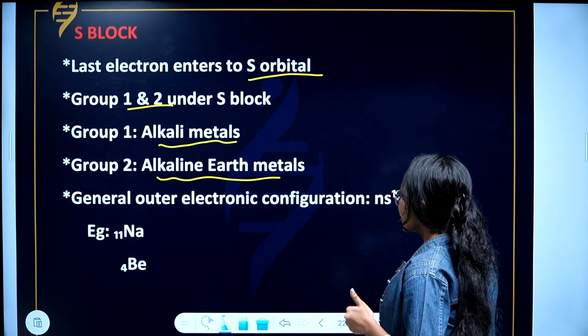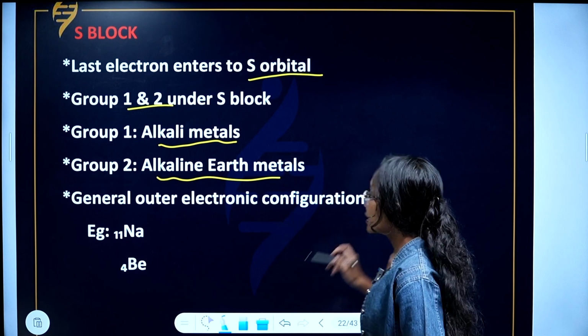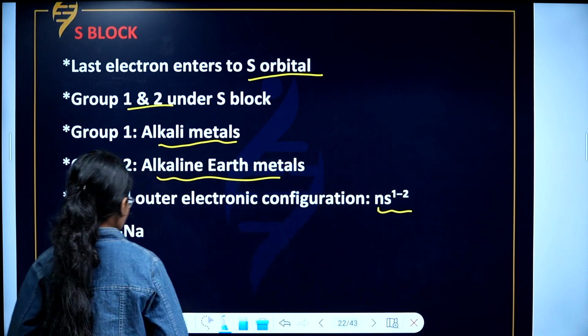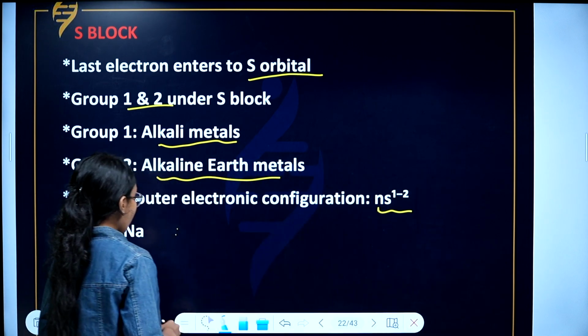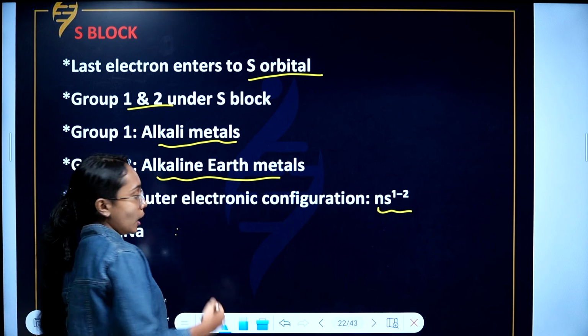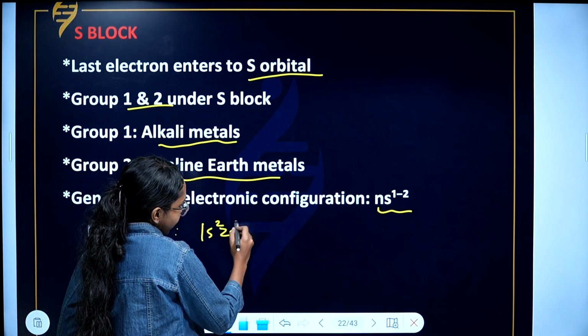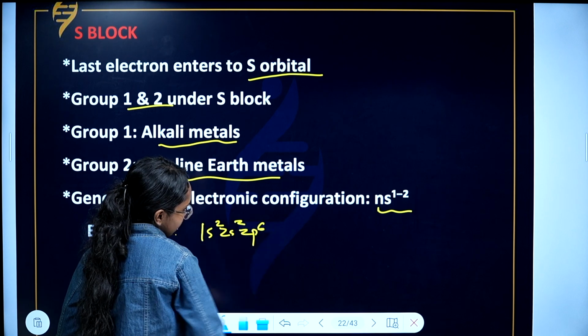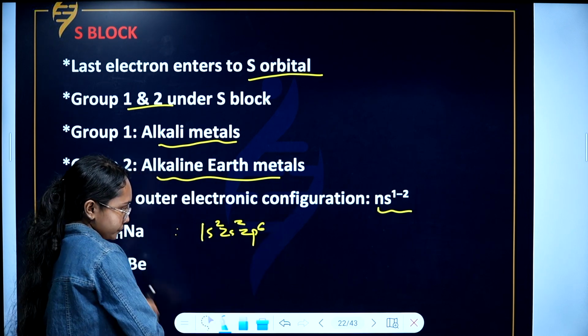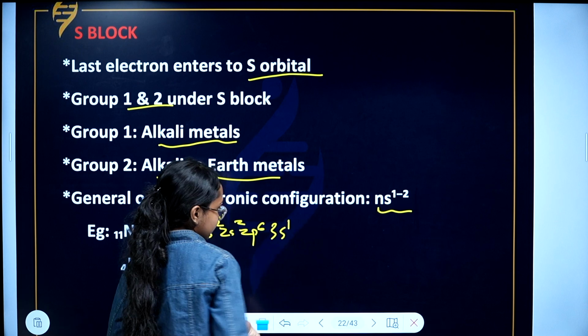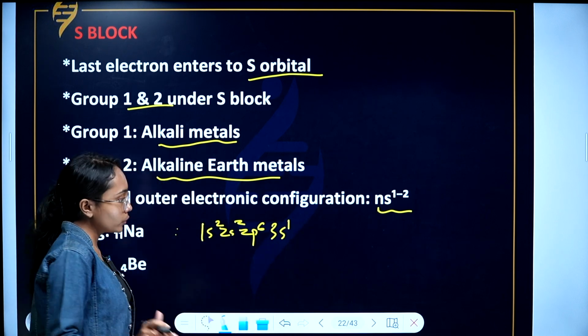The general outer electronic configuration is ns1 to 2. Shall we see it with an example? Sodium, 11 is our atomic number. How are we going to write the electronic configuration of sodium? 1s2, 2s2, 2p6, 3s1. This is the general outer electronic configuration.